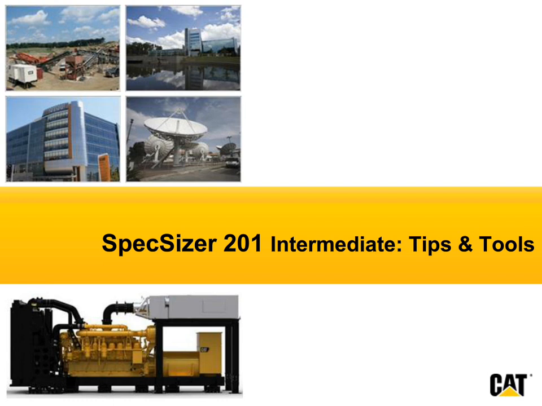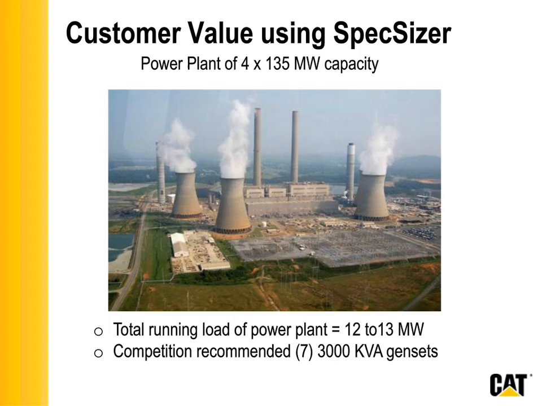The first thing that I like to talk about, over the years I've worked thousands of customer and dealer inquiries with SpecSizer, and I like to talk about actual inquiries that I've seen where we were able to help a customer out. What you're looking at here is a real application.